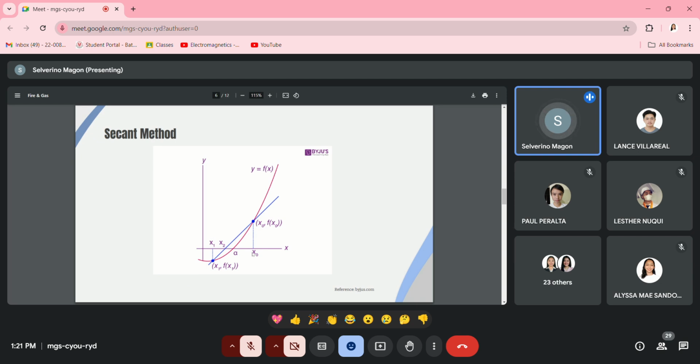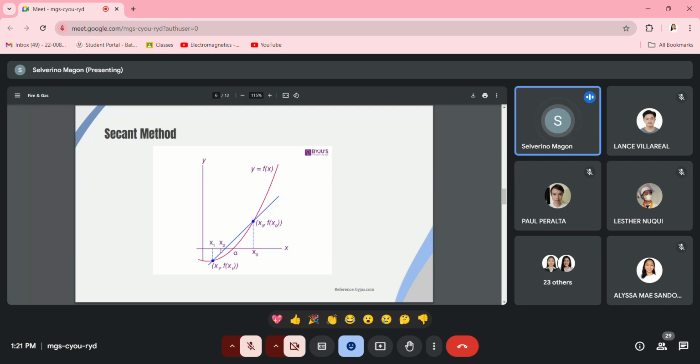Since you have the values of x0 and x1, you can have the value of f(x) at points 0 and 1 also, and you can have the equation of the straight line. Based on that straight line, you now have a second solution. As we can recall, the solution is defined as the point of intersection, right?